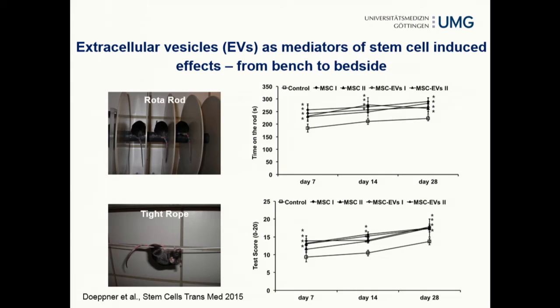Animals that got the MSCs have a better functional score than the saline control. But the animals that got EVs are also scoring as well as the MSC groups. So EVs are not inferior as compared to the MSCs, which is just what we were hoping for.